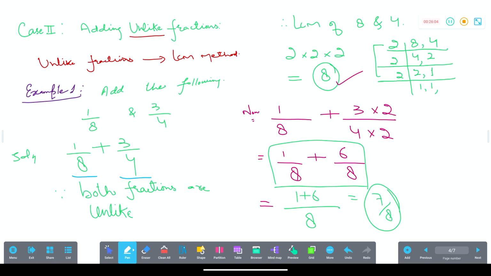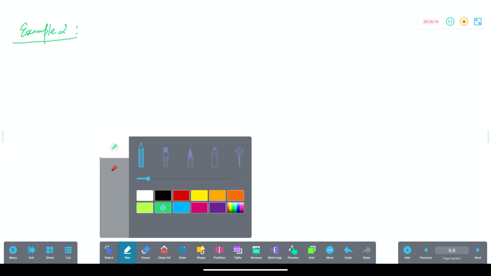Now the second example I will take here. We will do two examples here only. Example second. Find the sum.